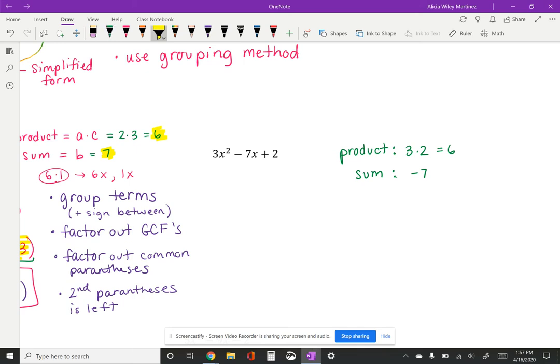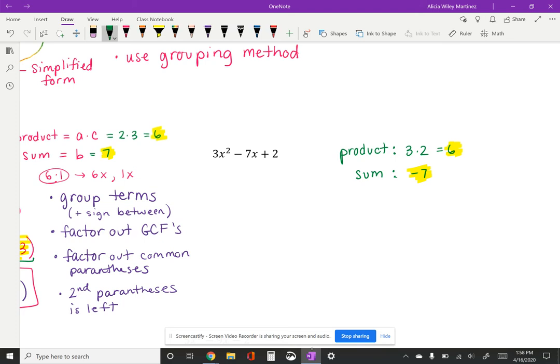So I'm looking for two numbers that have a product of 6, but this time I want their sum to be -7. So that means if we want a sum to be negative, we're going to have to work with negative values in our product. So we know that the way we multiply to 6 is 3 times 2, but I'll never be able to add those together, even if the values were negative, to get me -7.